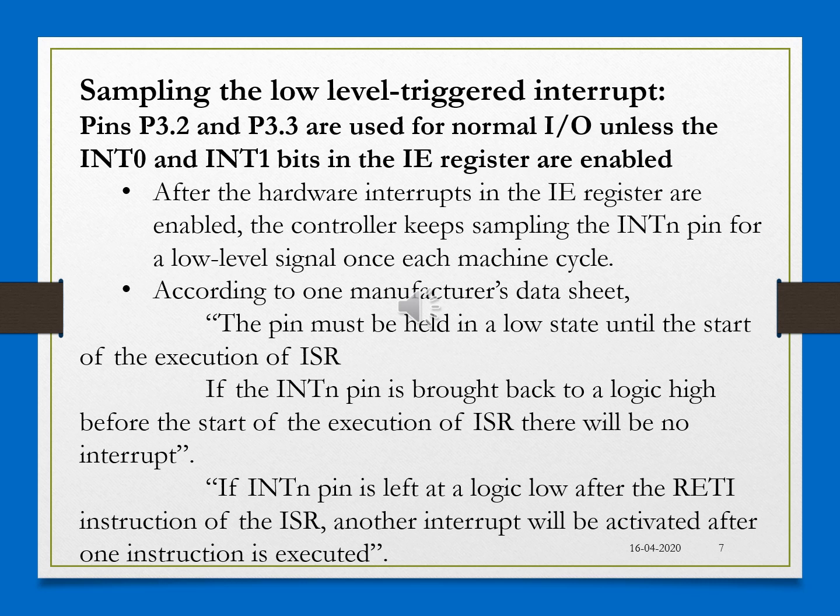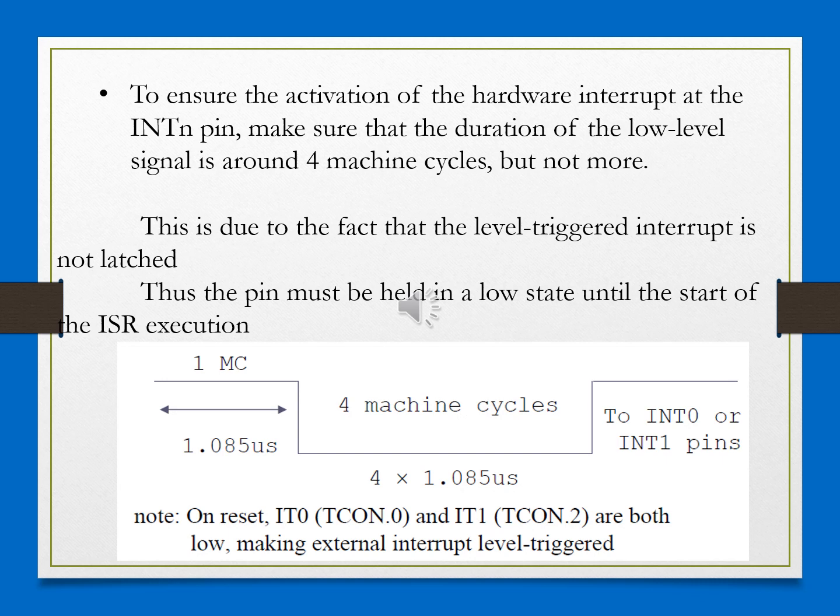So in order to avoid that, you have to see that the low level coming at these pins is brought to high level by the end of the RETI instruction. Okay, that's a point. So to ensure the activation of the hardware interrupt at the INT0 or INT1 pin, make sure that the duration of the low level signal is around 4 machine cycles, but not more than that.